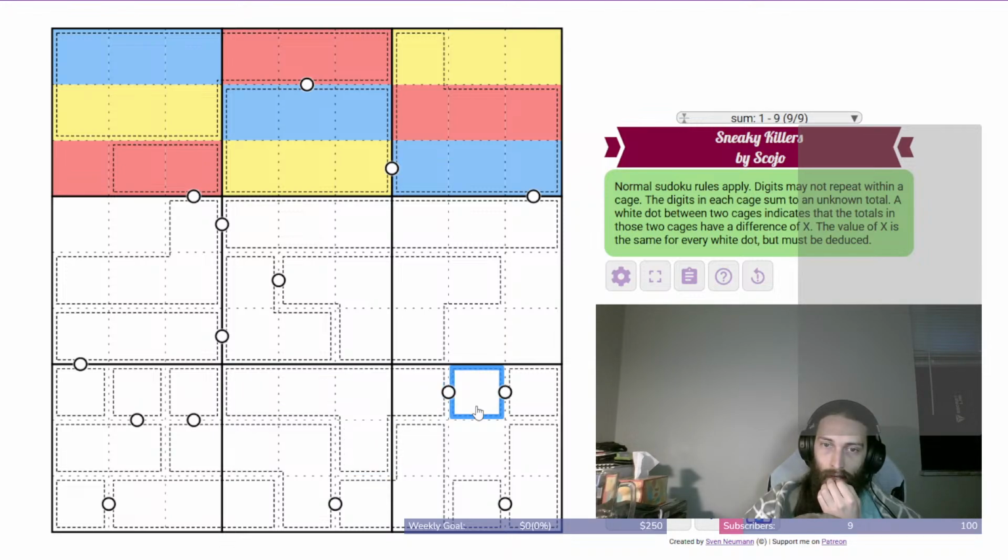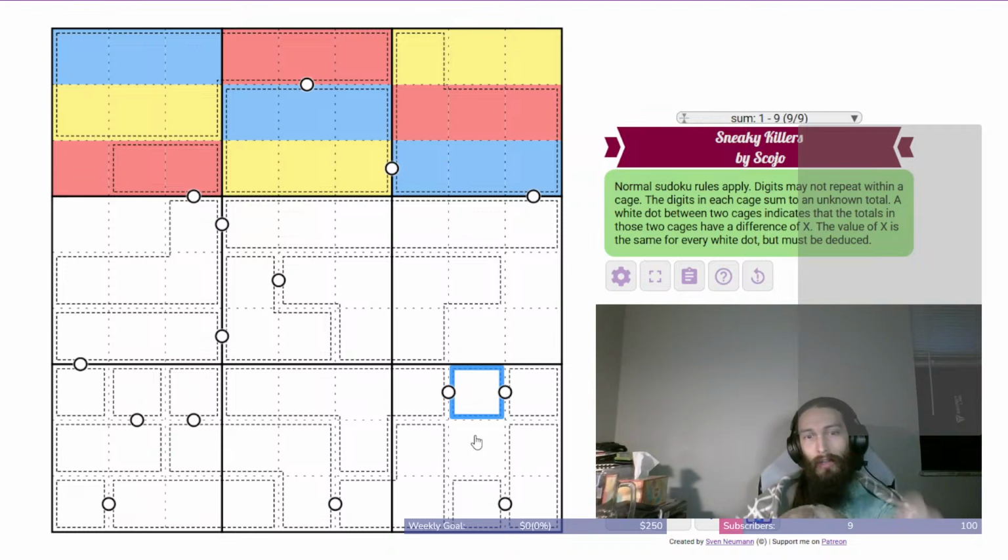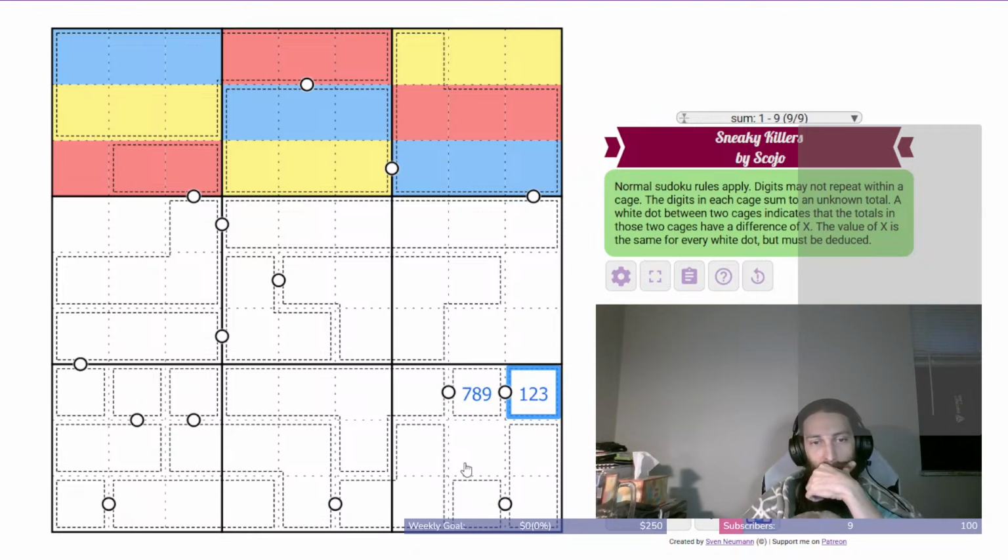So that one is going to be minimum 6, right? For the single? 15 minus 8 is 7. Okay, and then maximum 3. And then 9 plus 8 is 17.